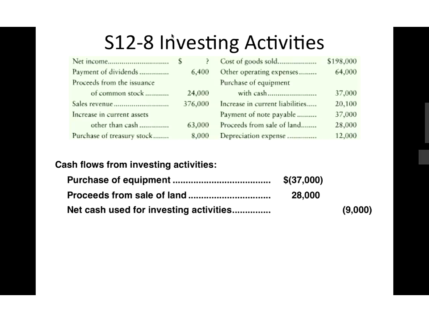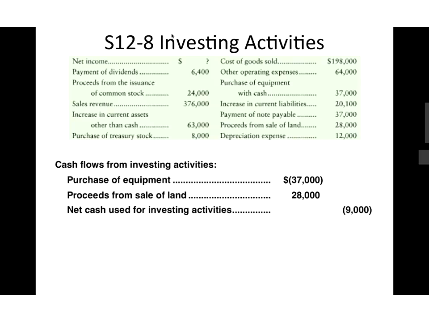I purchased equipment for 37,000, so that's negative. I sold land. I had 28,000 coming in, so I have a net negative 9,000. So net cash used for investing activities here. Okay, so there's our investing section.